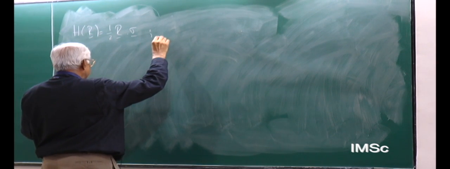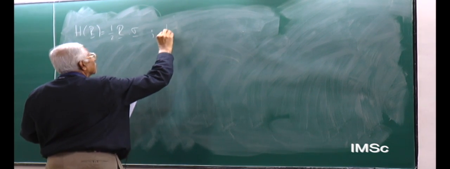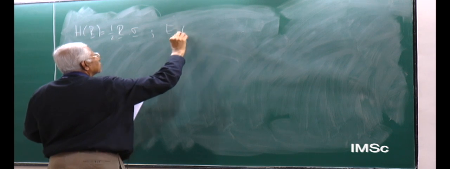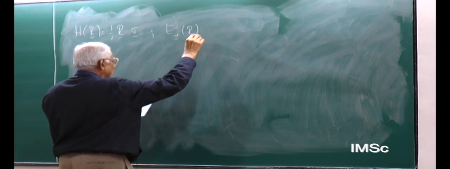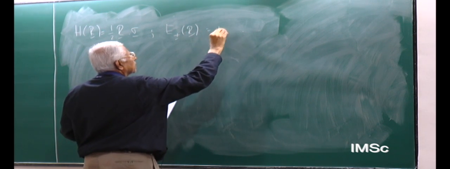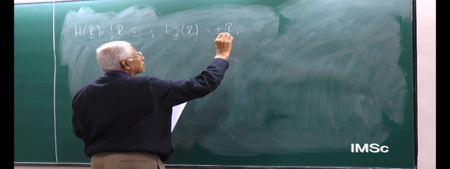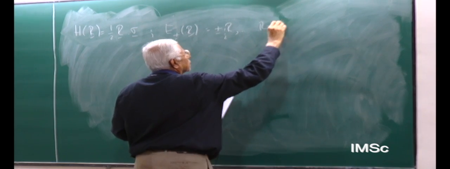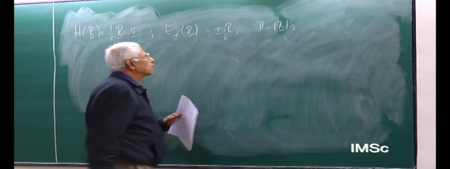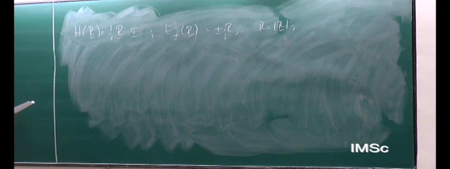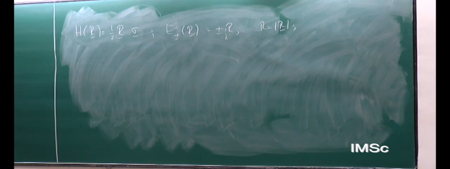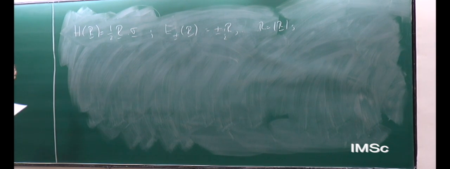This is one. Therefore, the two eigenvalues of this Hamiltonian are plus and minus half times the magnitude of this vector in 3 dimensions. I repeat, it's a three-dimensional parameter space.